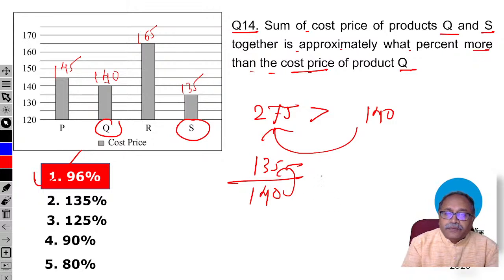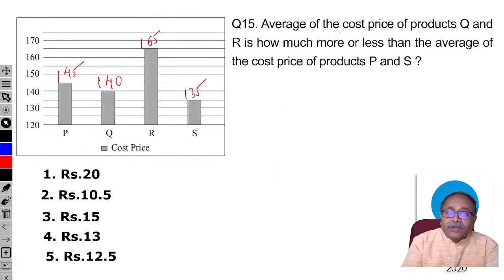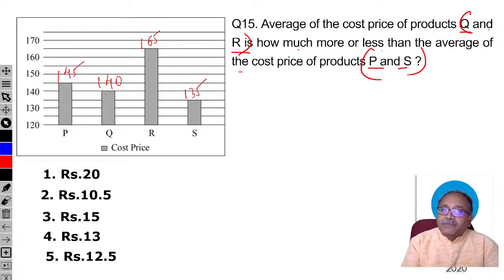The next question is question number 15. The average of the cost price. Please remember that we are solving the clerk 2020 paper. The average of the cost price of product Q and R is how much more or less than the average of cost price of P and S? Here also there are two terms, so take the difference and divide that by 2. You get the average difference. So what is Q and R?